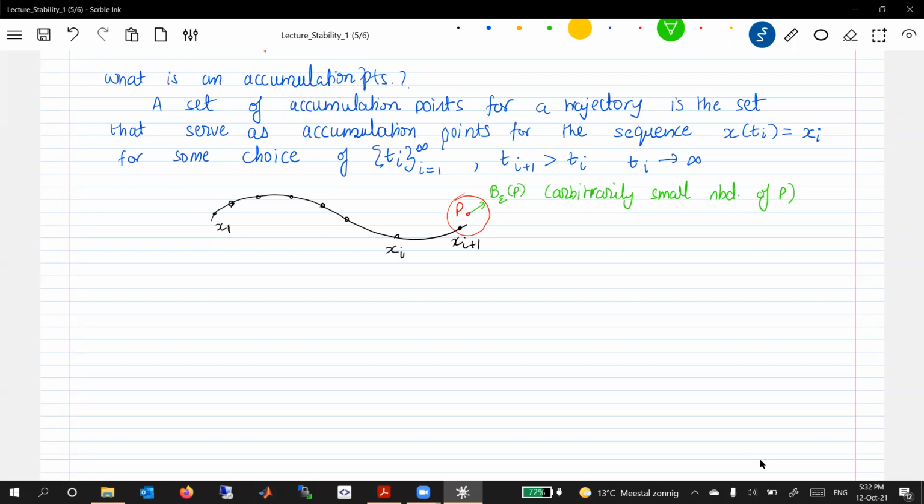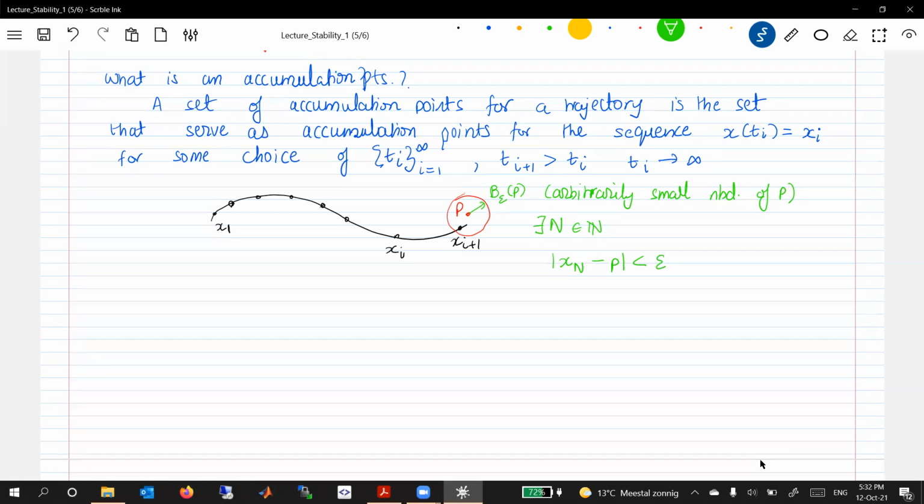So there would basically be an n such that x_n minus p is less than epsilon.